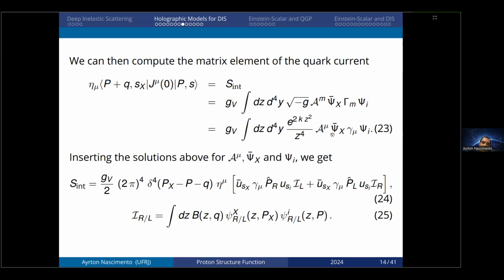So inserting the solutions here, you can work out this action, and you end up with an action like 24, which is given in terms of these integrals over here, I_L and I_R, which are integrals of the functions of the solutions I have for the photon field. You remember the B function over here and the fermion solutions over here, okay? So you have this final form in terms of these integrals, okay?